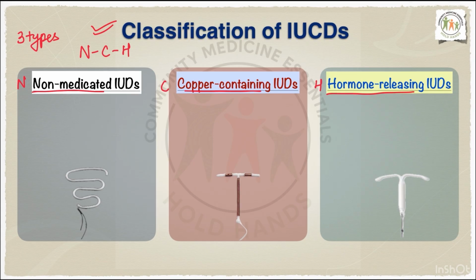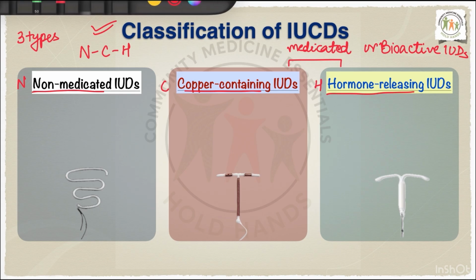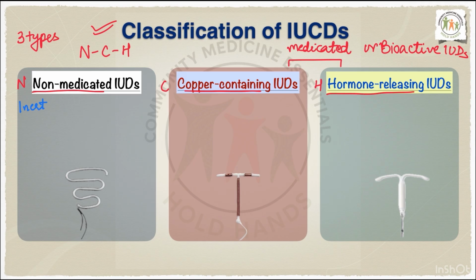Copper and hormone-releasing IUDs are known as medicated or bioactive IUDs. Non-medicated are also known as inert IUDs.